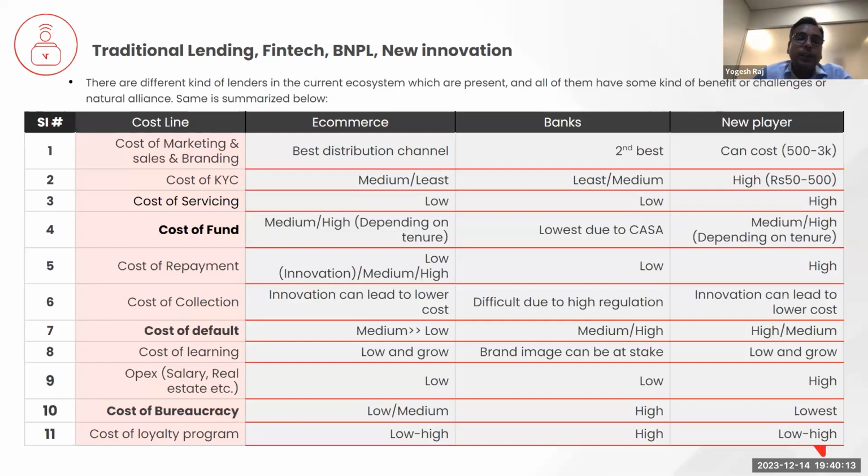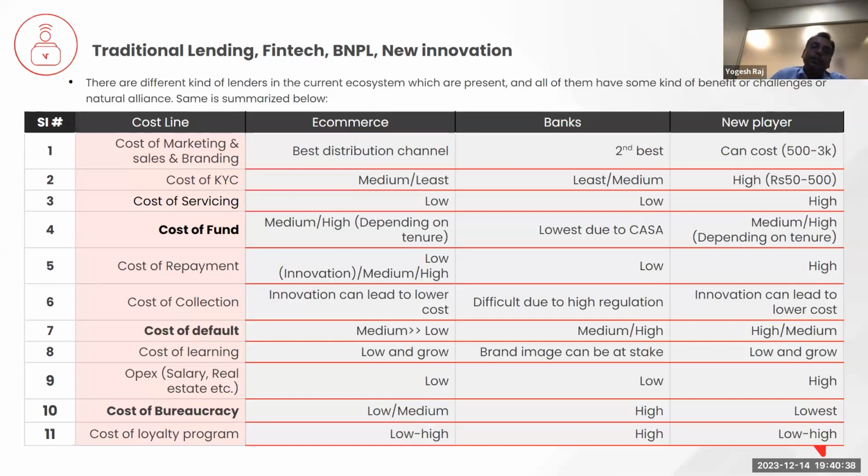In general, when you do business, to acquire customers you have to do marketing, and that marketing cost is not small. It actually comes to around 2 to 5% of your overall business. Any big e-commerce company already has its distribution channel sorted. For example, I was working with Ola.